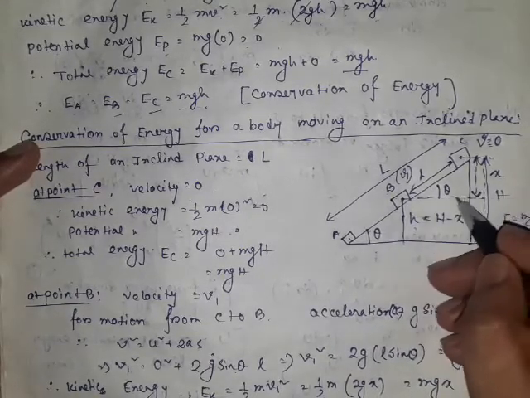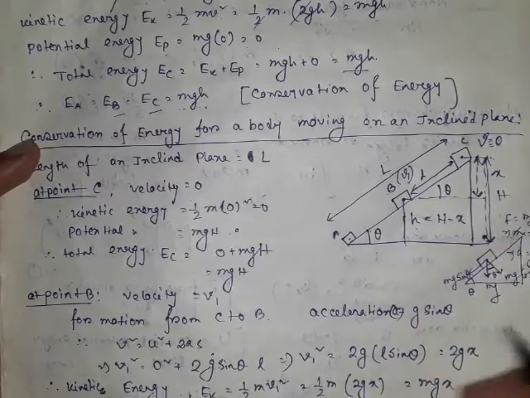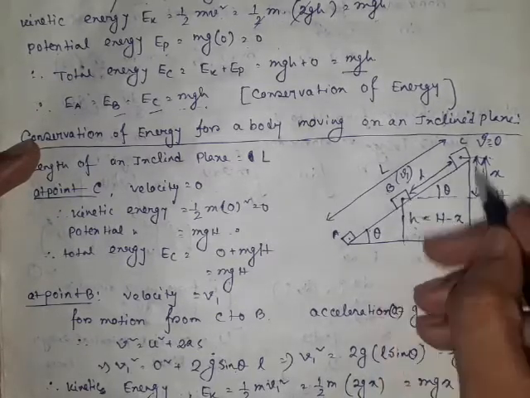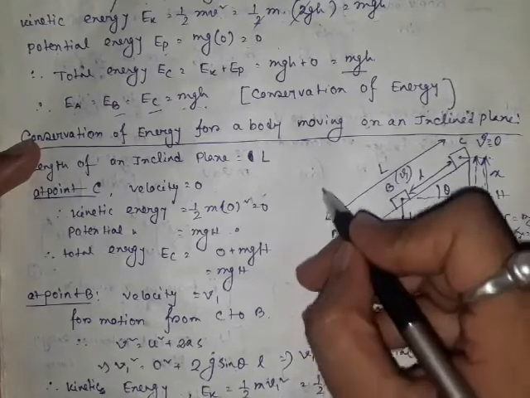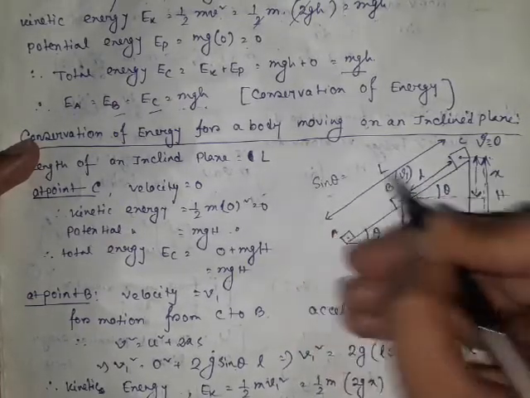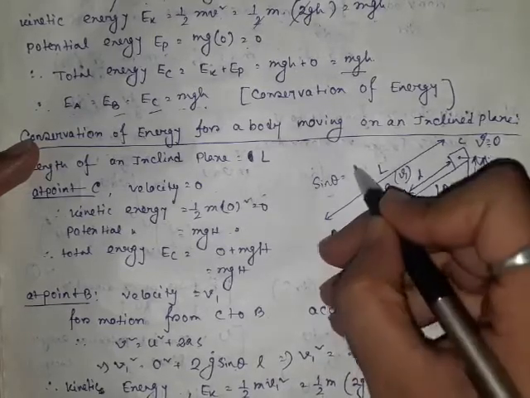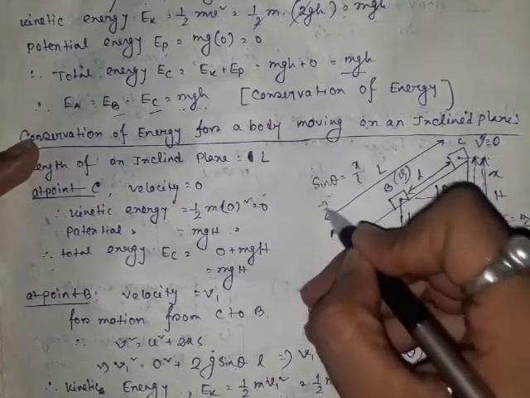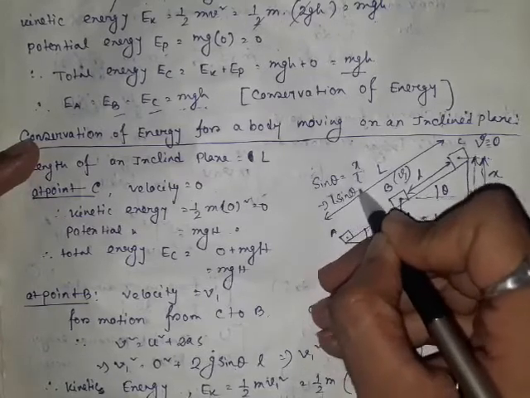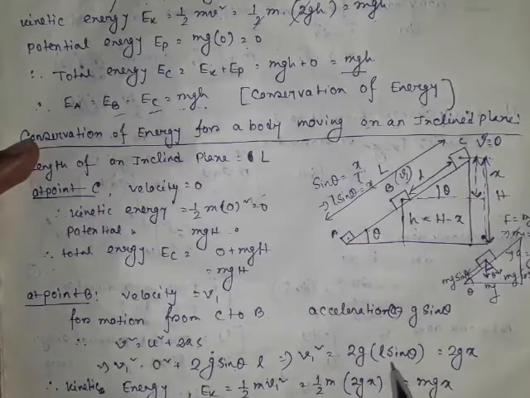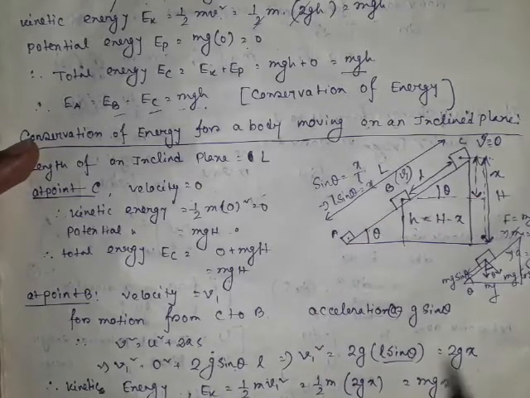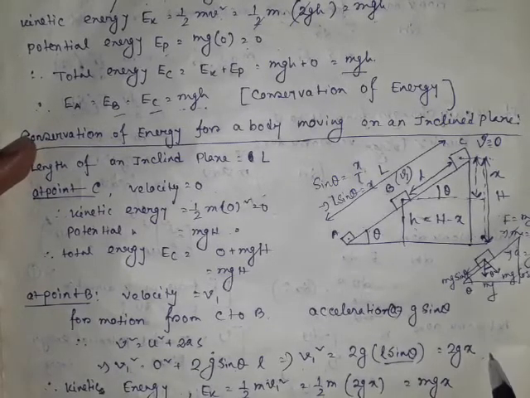For this smaller triangle, you will get sin theta as height by hypotenuse. Your height is x and hypotenuse is L, that means x by L. So L sin theta is your x. Now just put L sin theta as x, so your v1 square is 2gx.